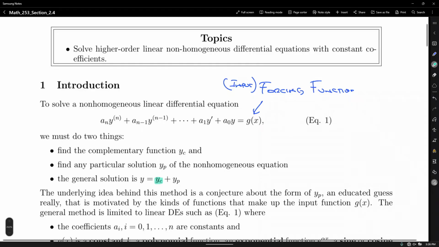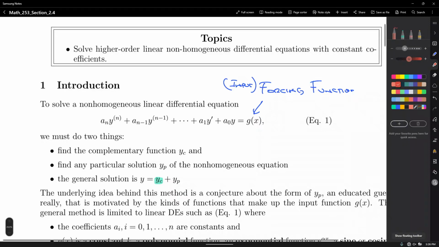What we call y sub c, which at this point you guys know how to solve: get the characteristic equation or auxiliary equation, set it equal to 0, and check for the different cases: real non-repeated, real repeated, or complex solutions. Then we need a second function that we're going to add. That is what we call a y sub p, or y particular.